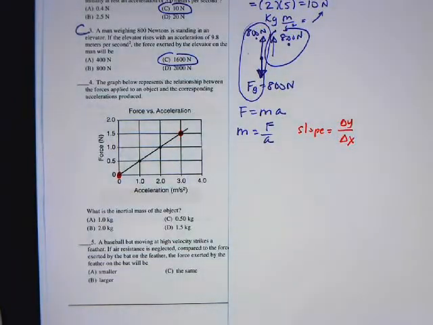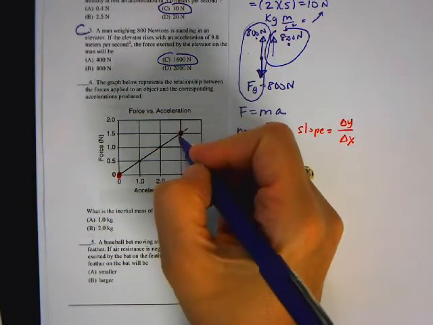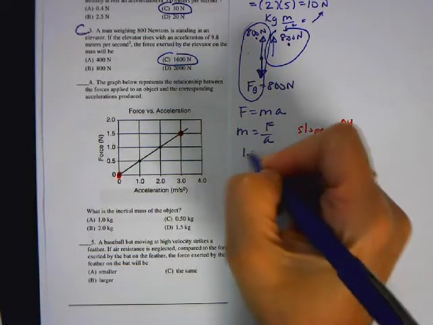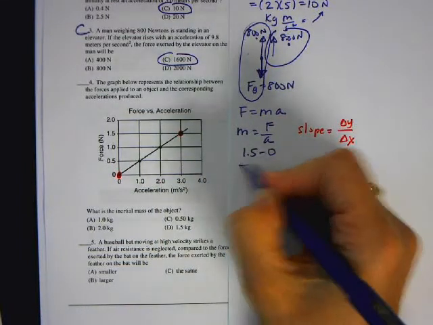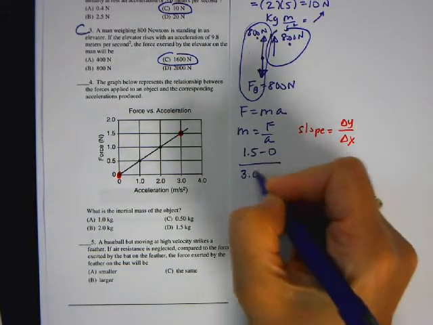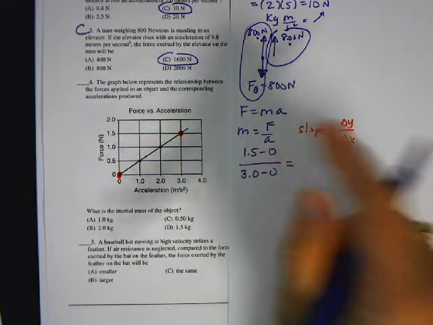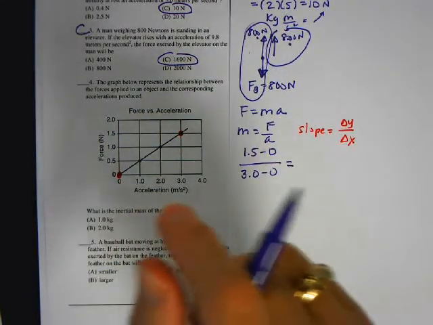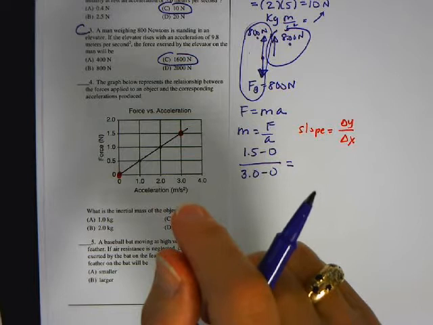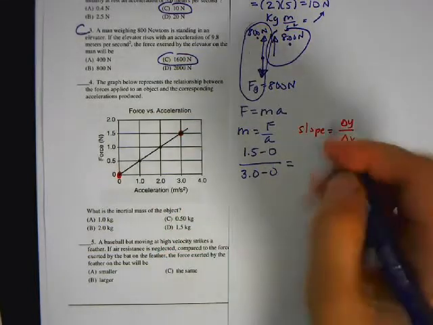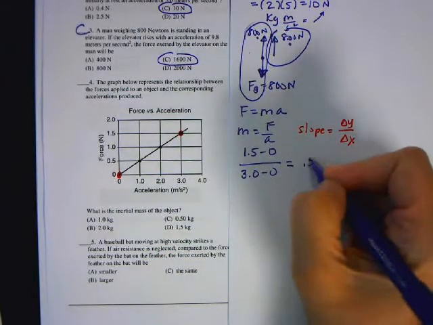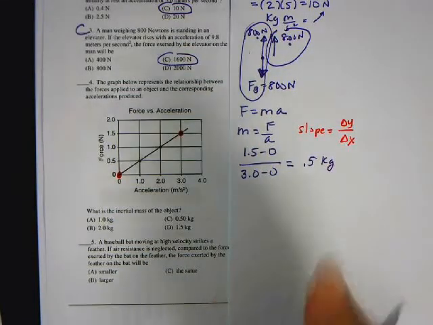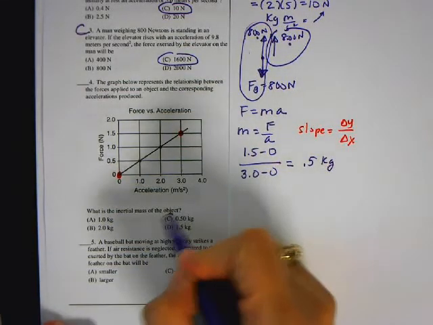So the slope will be delta y, which would be 1.5 minus 0, divided by delta x, which would be 3 minus 0, and that would end up being 0.5. 1.5 divided by 3 is 0.5, and that would be whatever choice that is here.